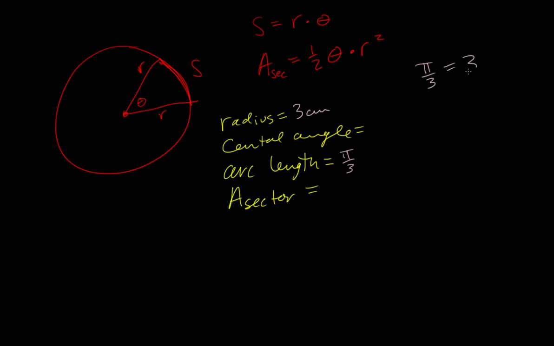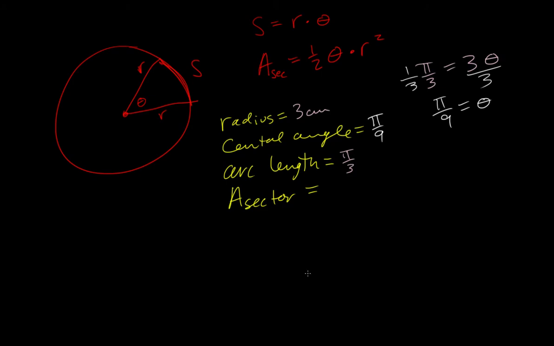We know the radius is 3, but we do not know theta. So I'm going to divide both sides by 3, and dividing by 3 is the same as multiplying by 1/3. Multiply tops, multiply bottoms. I get pi over 9 equals theta. And so I write my answer right there.